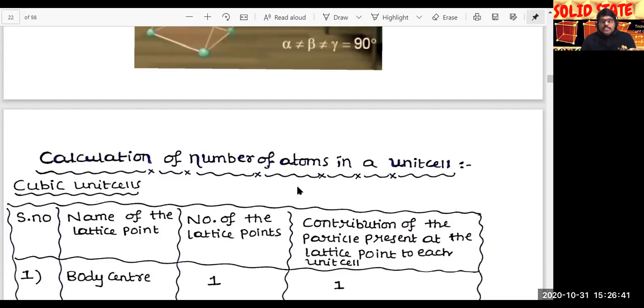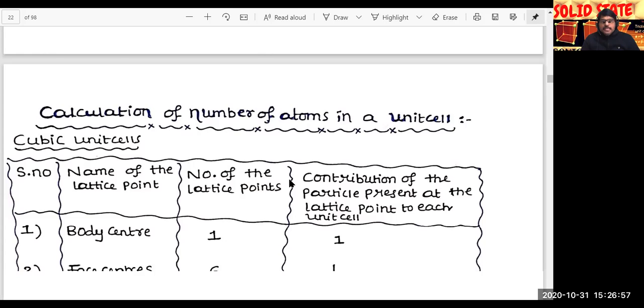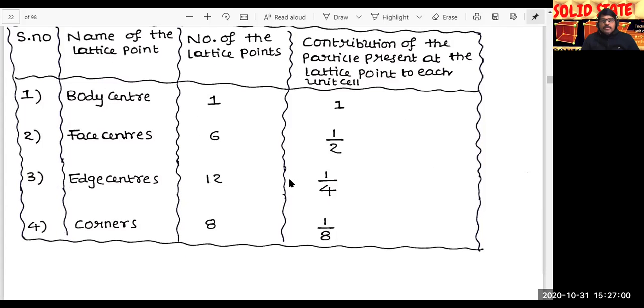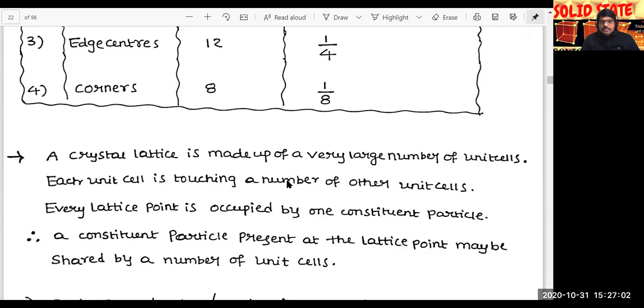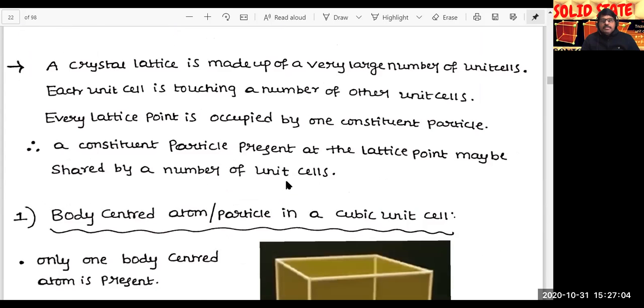How to understand this sharing? And how to calculate the effective number of atoms after sharing? Effectively how many atoms are present, we have to calculate. Let me explain with the help of diagrams. Listen carefully, it will be very useful.